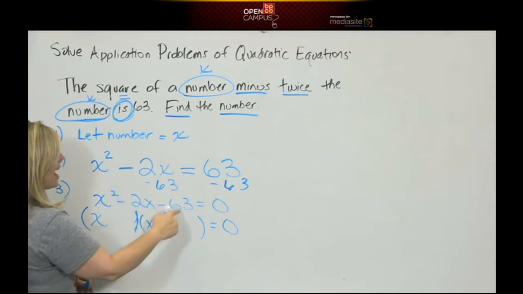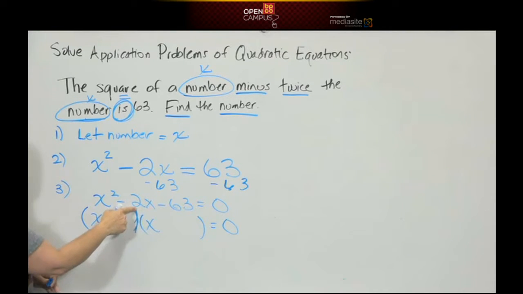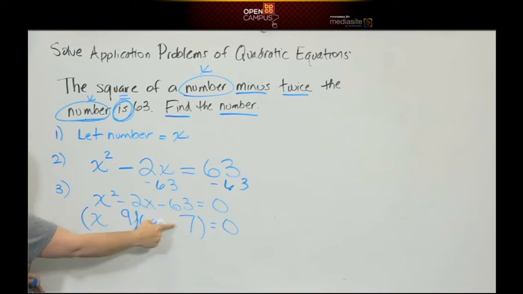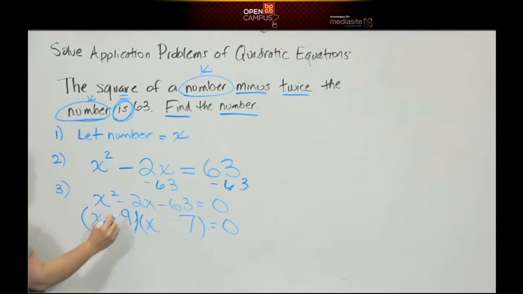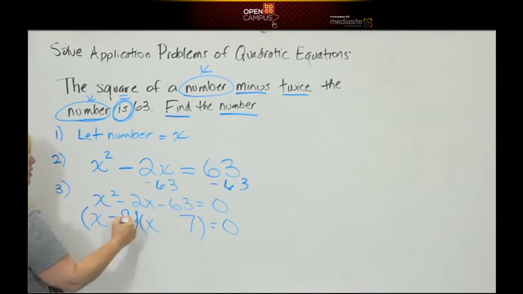So which factors would subtract to give us 2? That would be 7 and 9. I want to subtract, so the signs are going to be different. I want the 2 to be negative, so the 9 gets the negative sign, and the 7 gets the positive. The 9 is the bigger number.